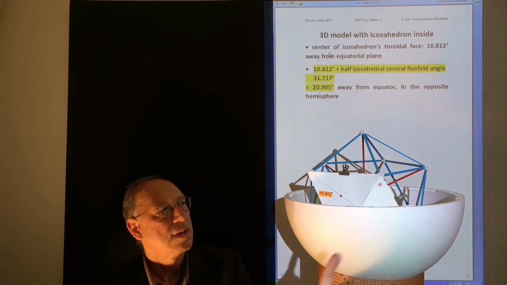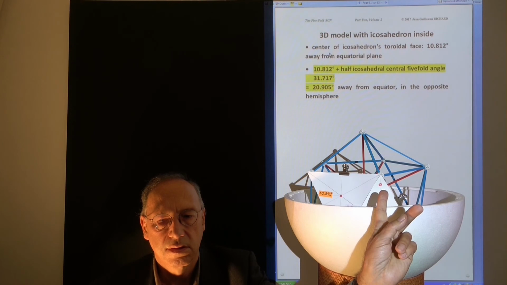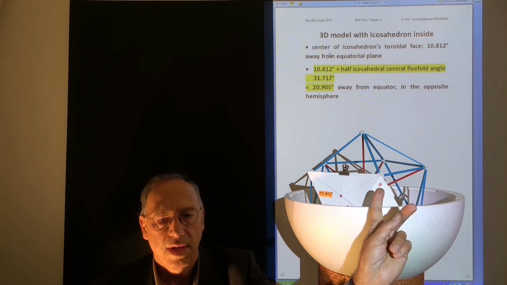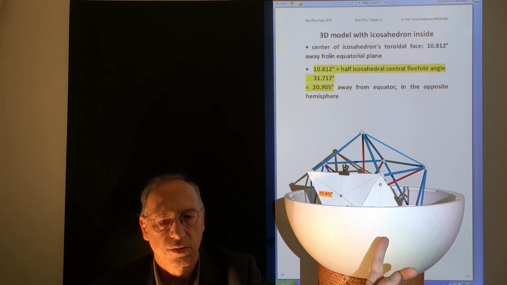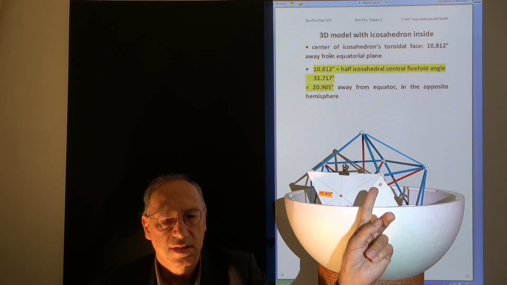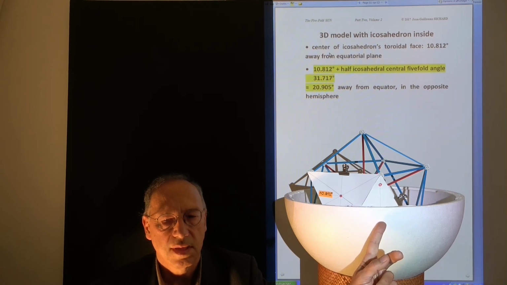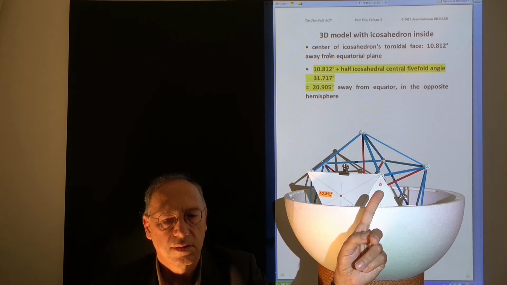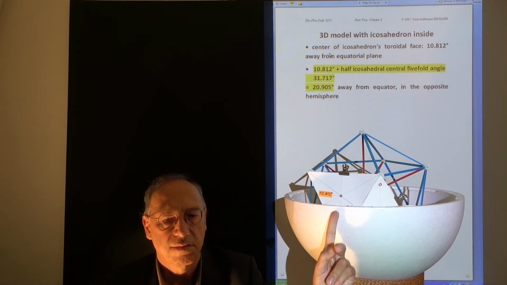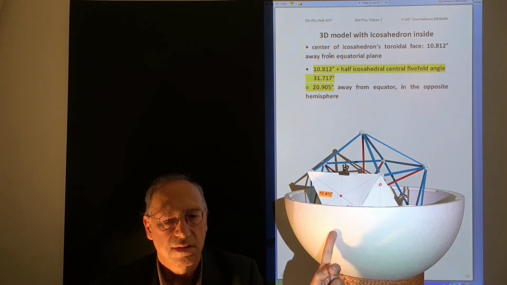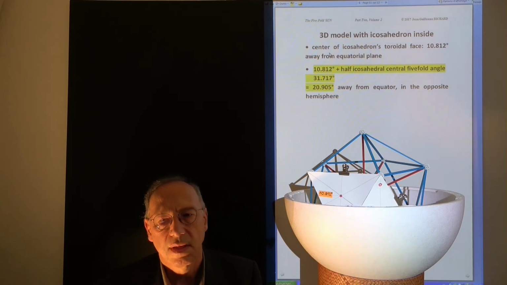So we show here as another dot, a red dot, the latitude of this point, which corresponds to, in this face having its tip in the northern hemisphere, the center of the face being here at 10.8 degrees in the southern hemisphere, which you cannot see. And the corresponding point to be obtained from this center face is here in the southern hemisphere at 20.9 degrees latitude away from the equator.